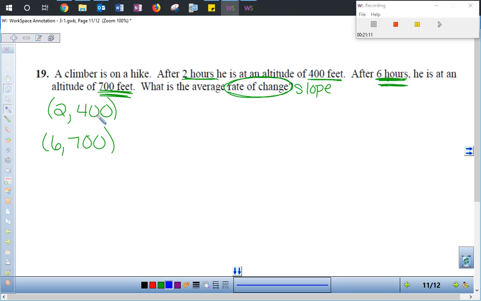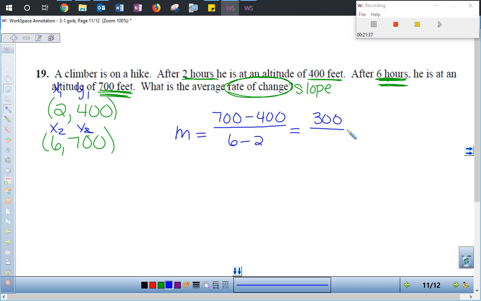Now let's find our slope. Identify again your x sub 1, y sub 1, x sub 2, y sub 2, and we can substitute it in. m equals y sub 2 minus y sub 1 over x sub 2 minus x sub 1. 700 minus 400 is 300 over 6 minus 2, which is 4.